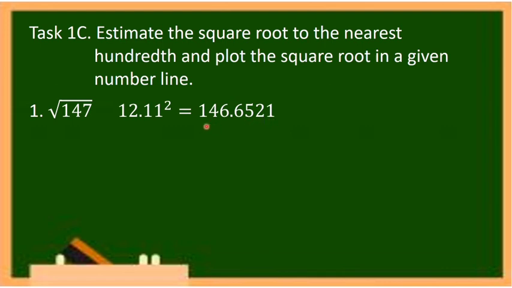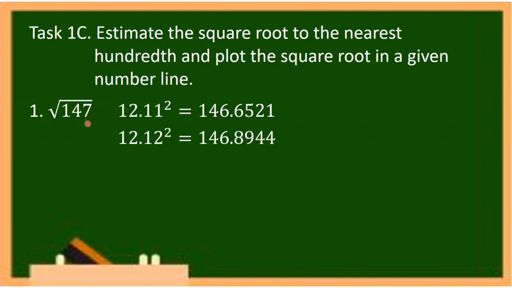Okay, so the next one to the nearest hundredths will be 12.12. So we get the square of 12.12, or simply 12.12 times 12.12. So it is equal to 146.8944, ten thousandths. So it is nearer to 147.